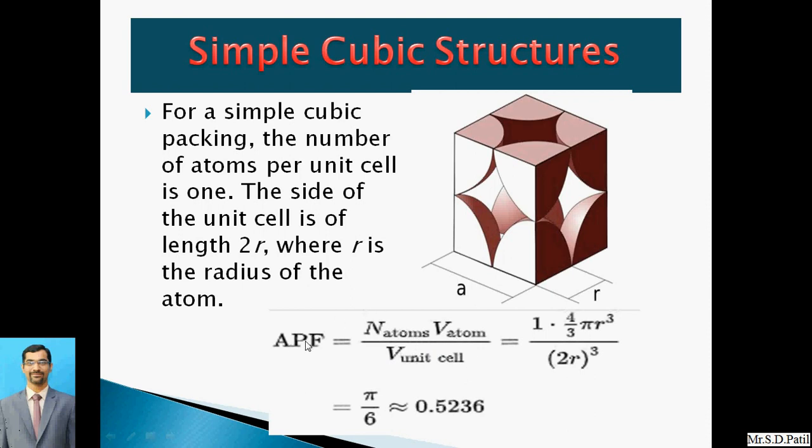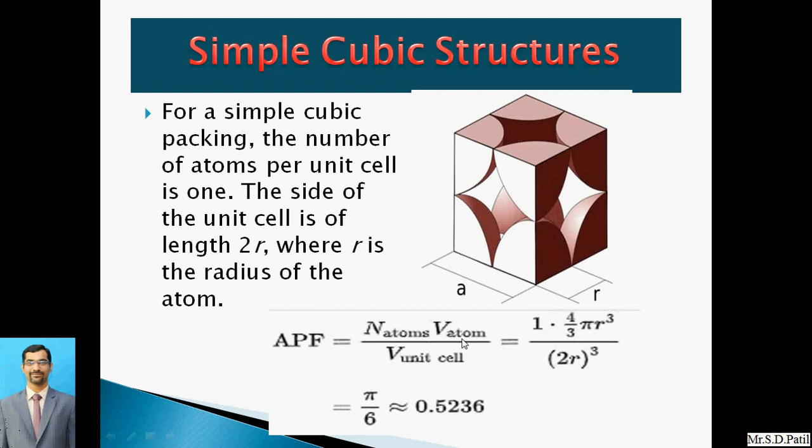So the formula for APF is the number of atoms per unit cell times the volume of that atom, divided by the volume of the unit cell. In this structure, we have already calculated the number of atoms per unit cell, that is 1. We covered this in the previous lecture itself.